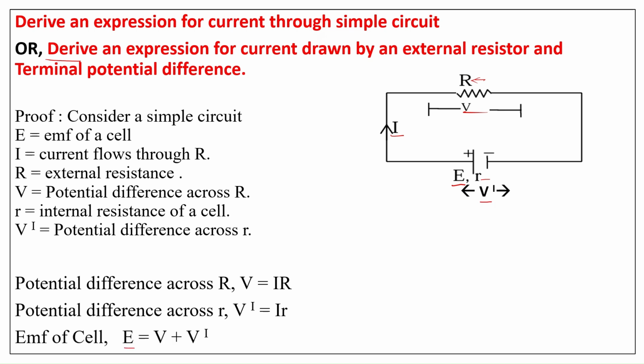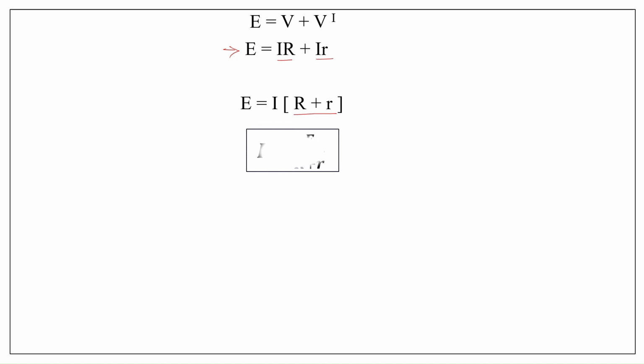EMF of the cell E is equal to V plus V dash. Substitute values, we get E is equal to IR plus I into small r. Take I common. That is, E is equal to I into bracket R plus small r.